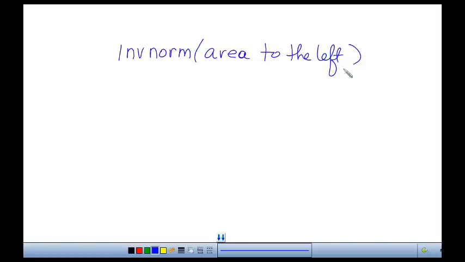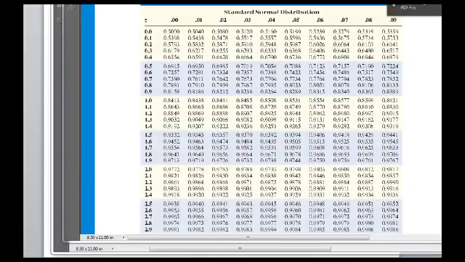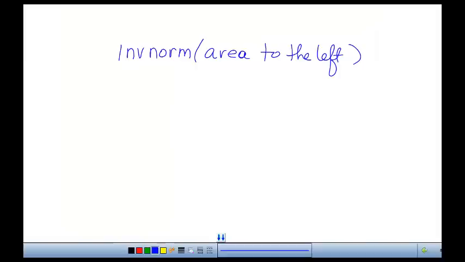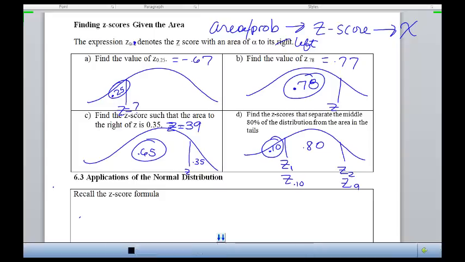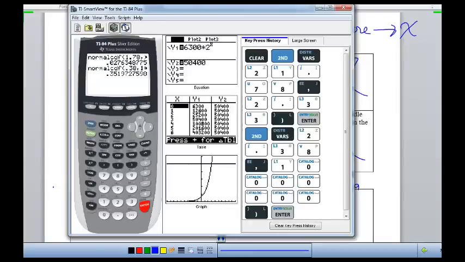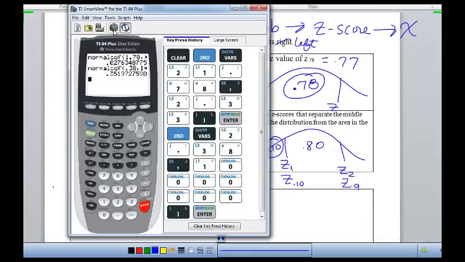All right, so just to test this to make sure that it works with what we had earlier. Okay, for the first one, we had an area to the left of 0.25.